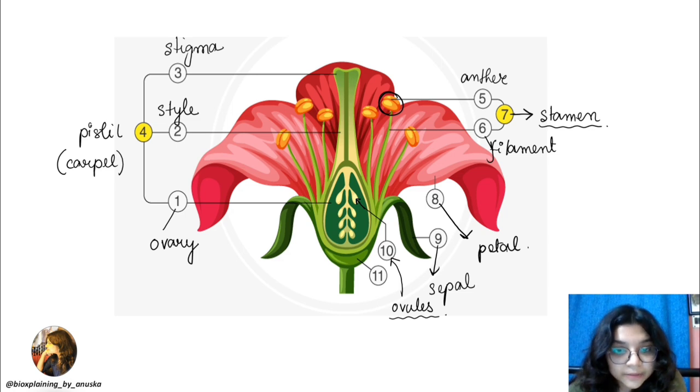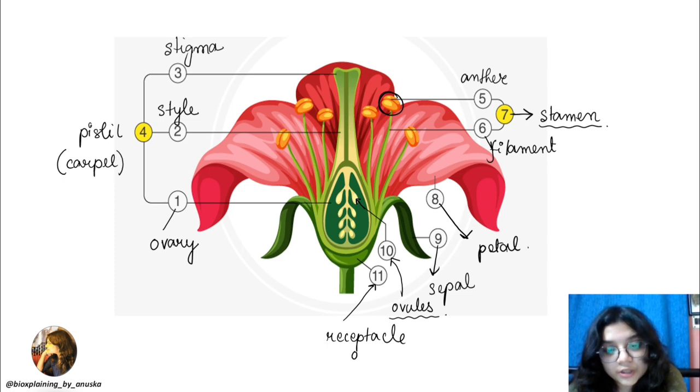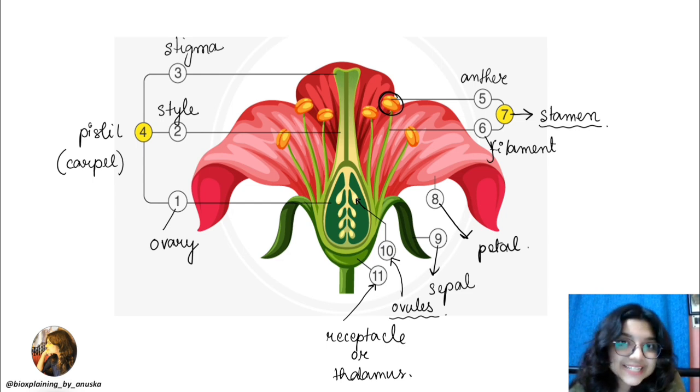And what is 11? 11 is this part where all the other parts of the flower are present. So the 11th part is the receptacle, or we also call this to be the thalamus. Right? So I guess we have all understood the basics of the structure of a bisexual flower.